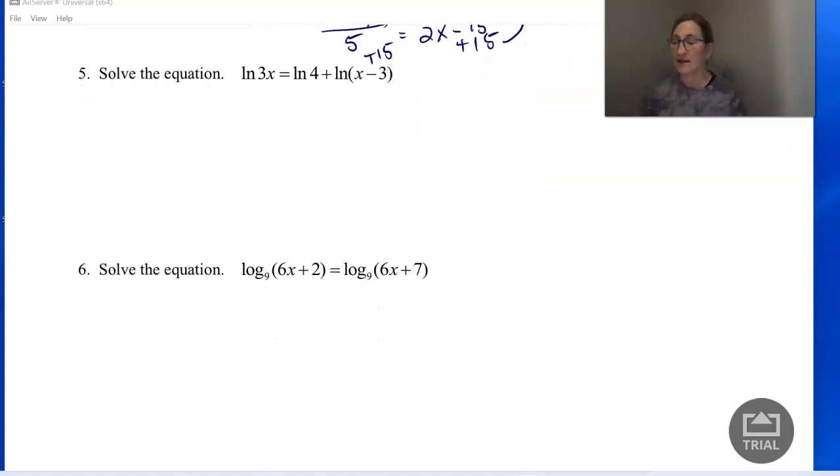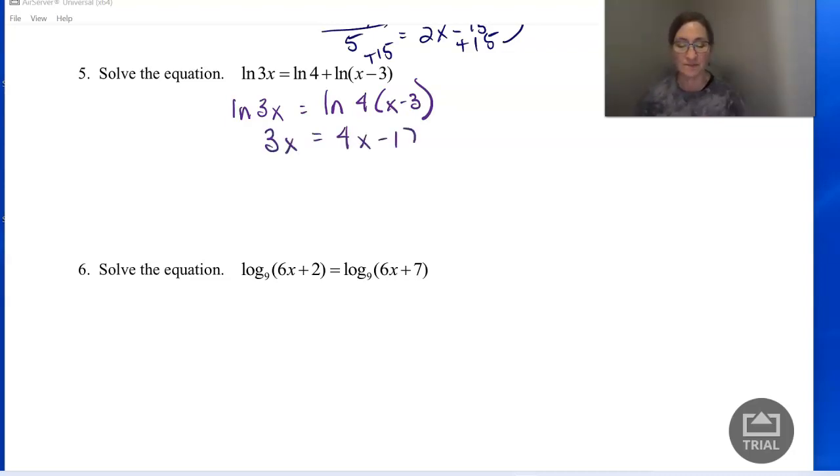All right, let's look at the next one. We have natural logs. Natural logs work too. They're still logs. So let's go ahead and put the right side into a single logarithm. On the left, we've got natural log of 3x equals natural log of 4 times (x minus 3). That means that my arguments can be set equal to each other.